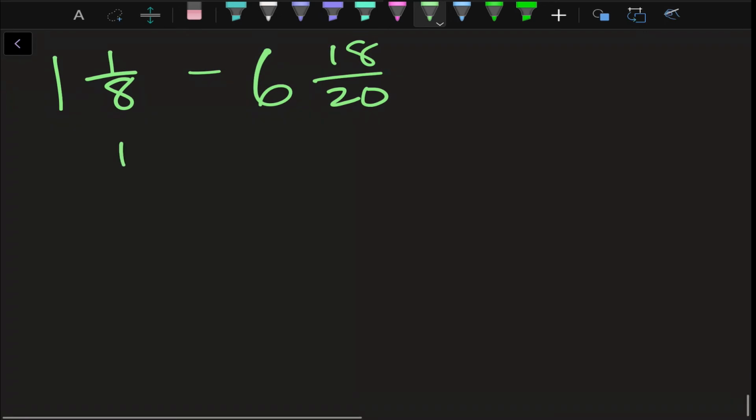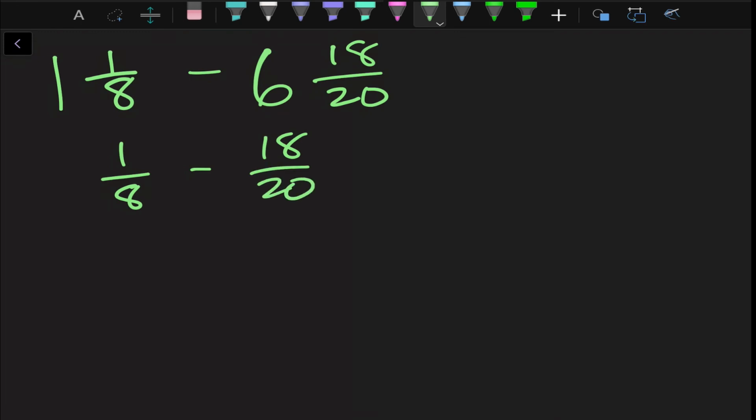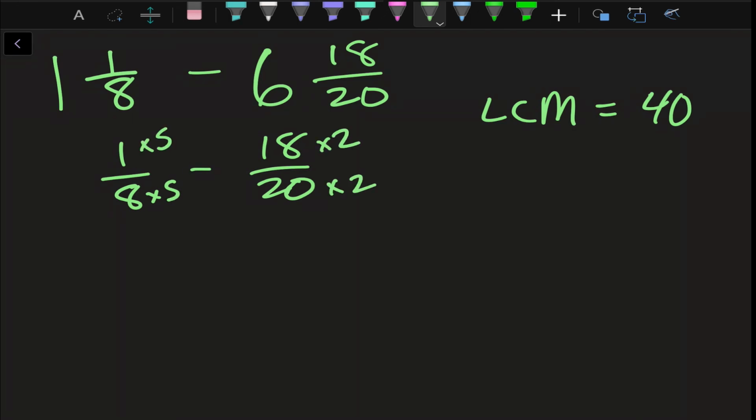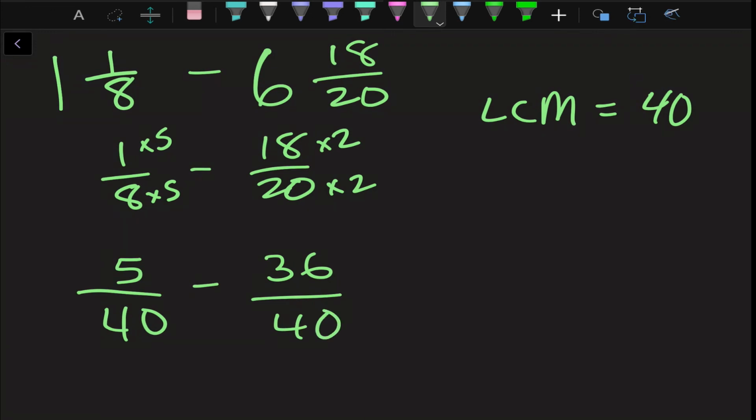Subtraction, we start with fractions first. Fun fact, the lowest common multiple of 8 and 20 is 40. So I'm going to do 8 times 5, and 20 times 2 on both of these, which gives us 5 over 40 minus 36 over 40.